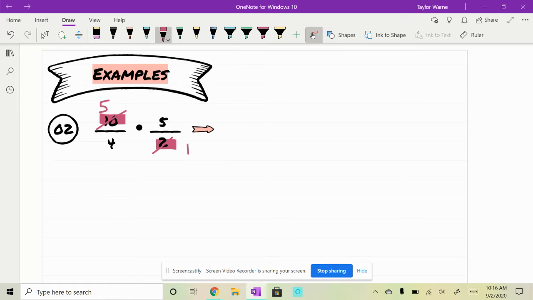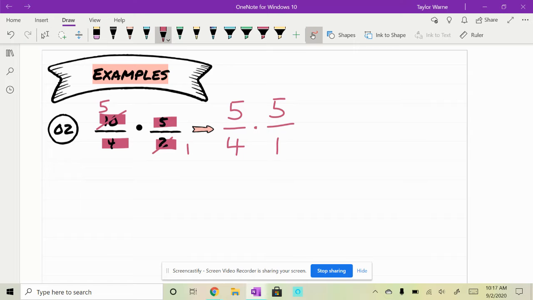Then we want to check and see if we can simplify the other direction. So now we're going to look at 5 and 4. So just as we talked about in our last answer, we cannot simplify 5 divided by 4 at all. So now we are just going to rewrite our fractions with our new simplified version. So now we have 5 divided by 4 multiplied by 5 divided by 1. Now remember that anything over 1 is actually itself.